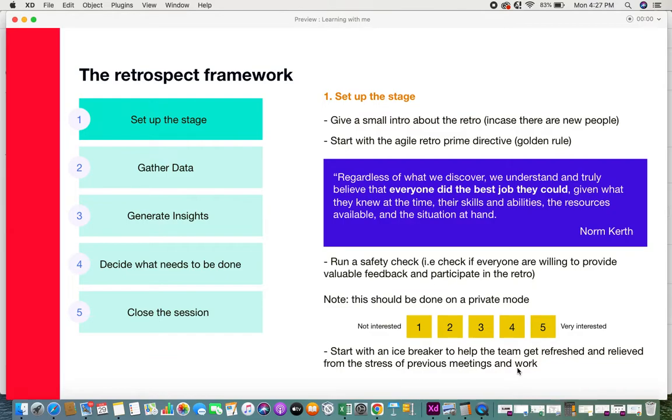People are generally stressed about their work already, or they might have been in back-to-back meetings. So if you give them an icebreaker, they would automatically de-stress from all the other work, and they would fix their mind into the retrospective mood, and they would be able to provide their feedback in a very eased manner. So these are some things you have to take up when you are setting the stage for a retro meeting.